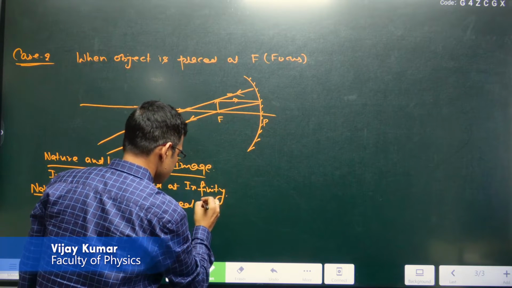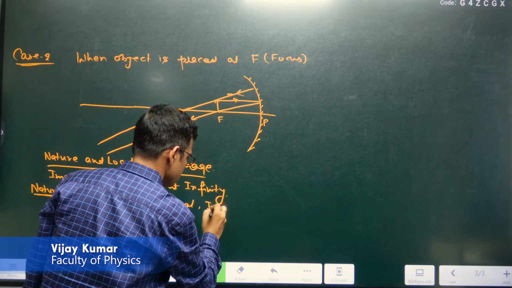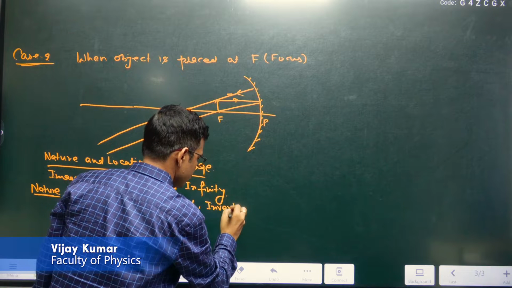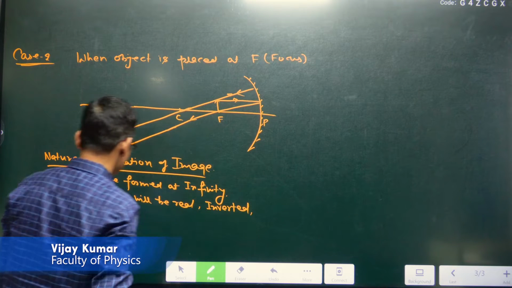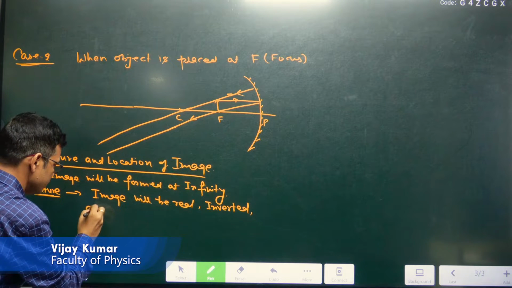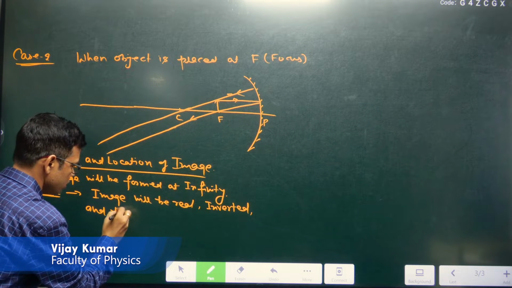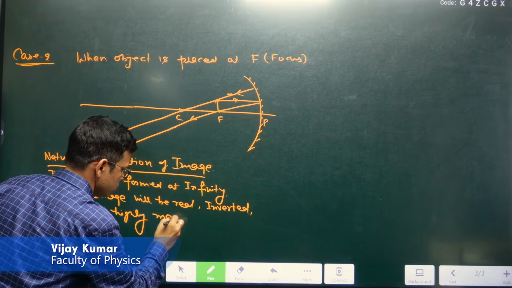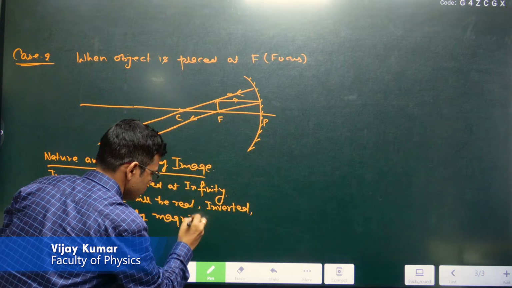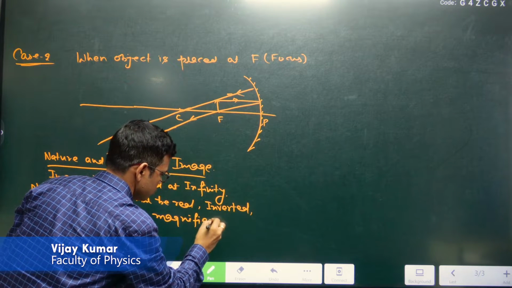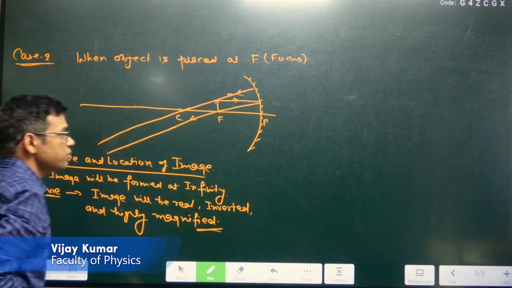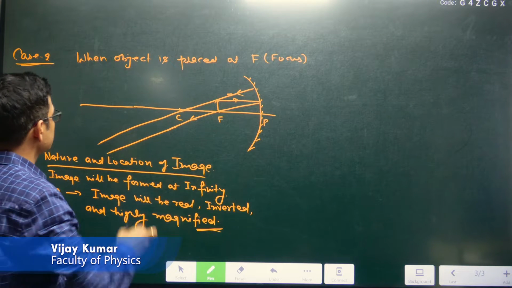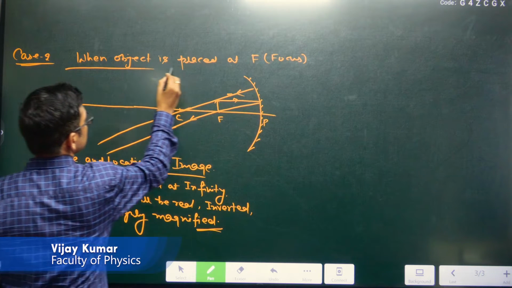Image will be real, inverted, and highly magnified, which means the image will be very large. So this is the second case.